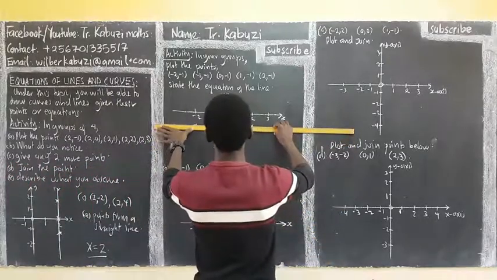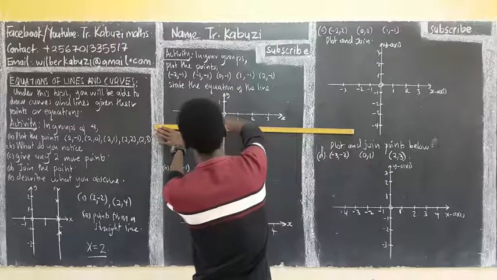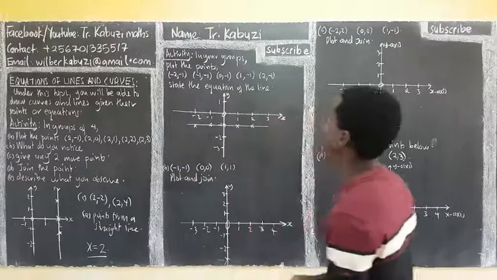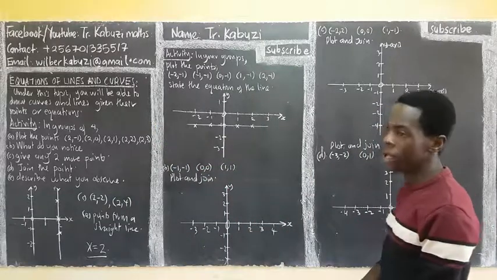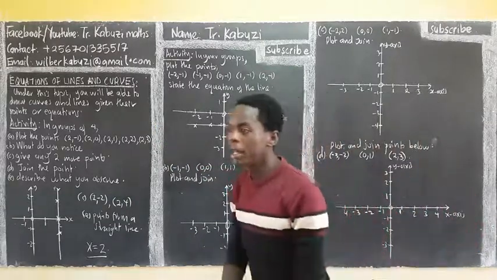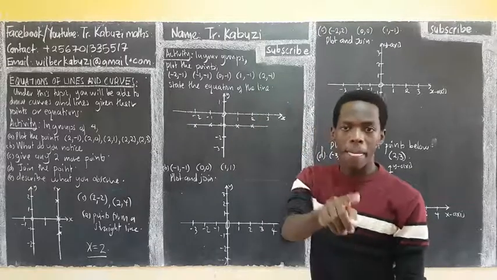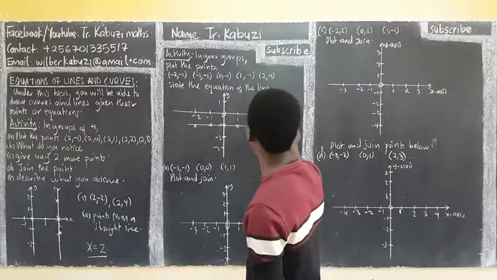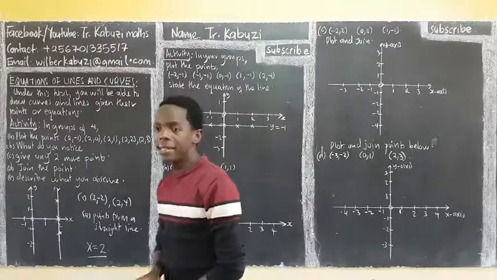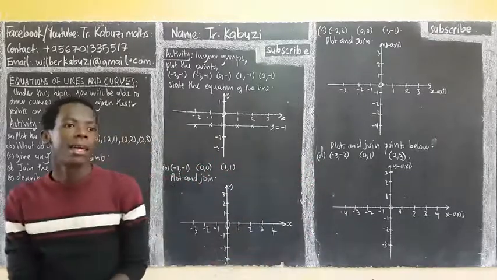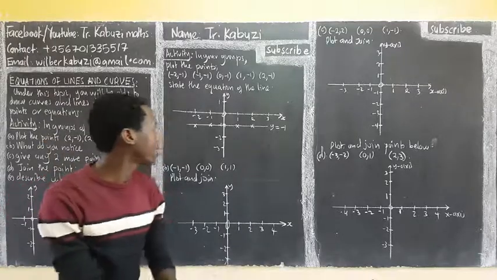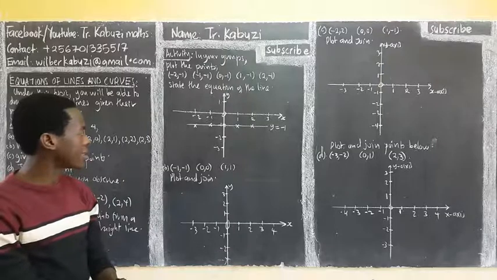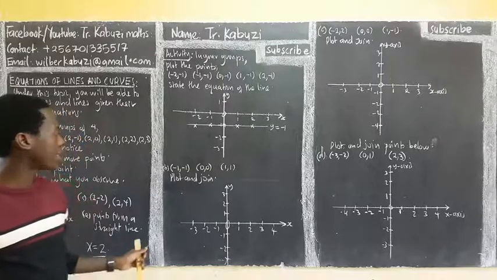If we join these ones, this is what we are having in that order. That's what we get after joining. Which equation is that? Y equals -1. We describe these ones as horizontal lines. I think we see it's cutting the y-axis there.